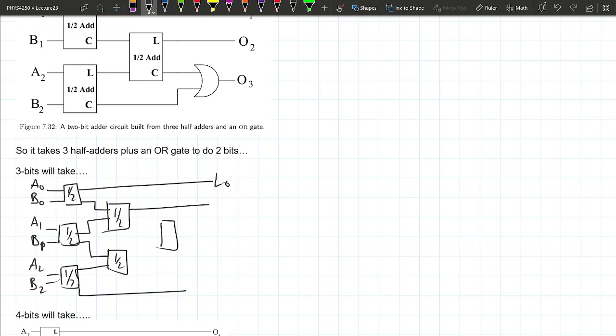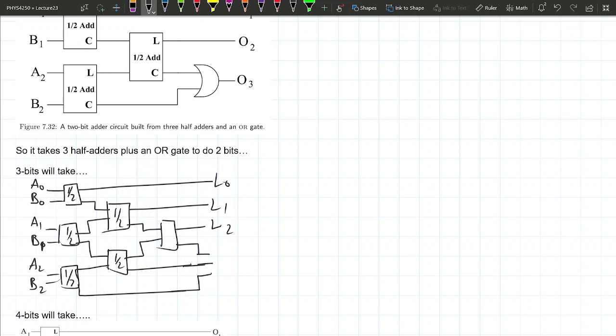This is L0, this will be L1, this will be L3. Sorry, I can't count. L1, L2. And then on the bottom here, now you have 3 different inputs.